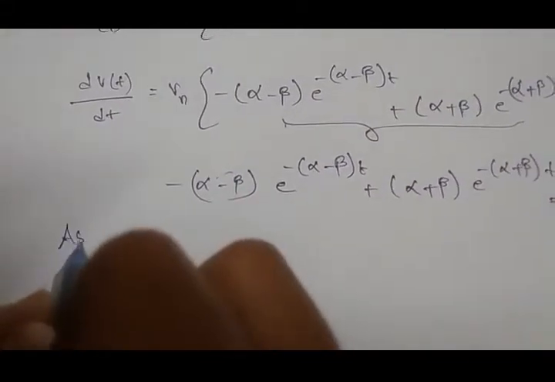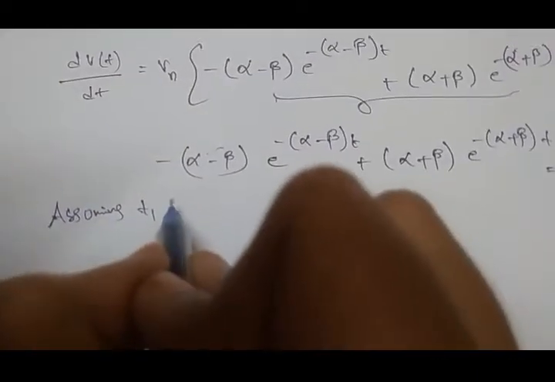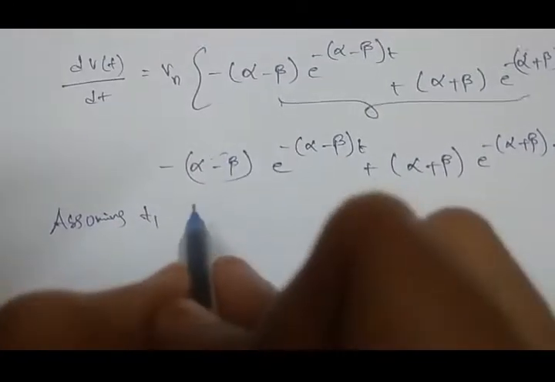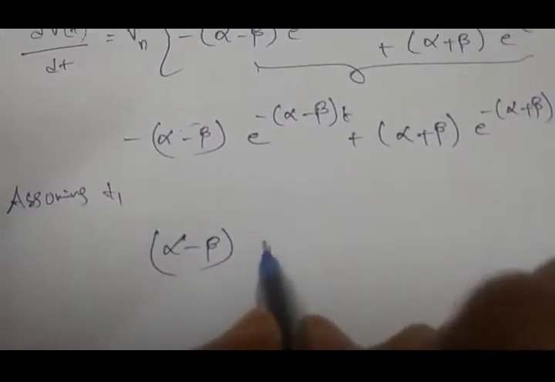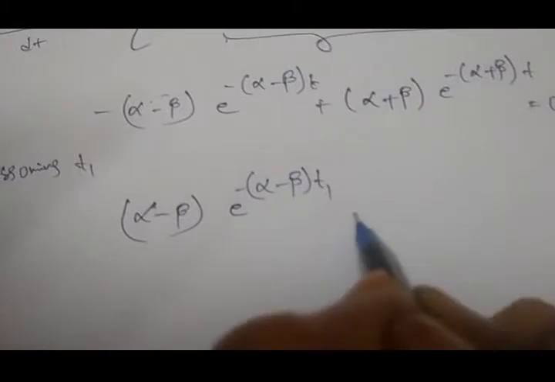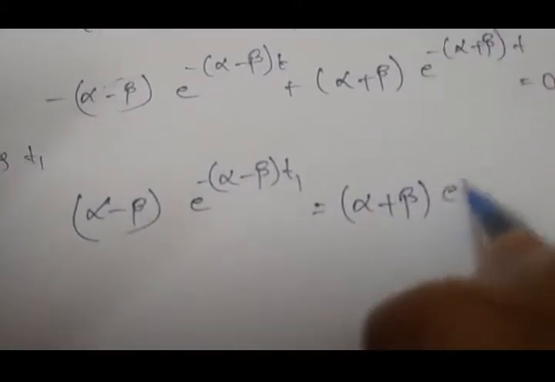Okay, so I am assuming here T1 is the time to reach your maximum value. T1 is the time here. So alpha minus beta e power minus alpha minus beta T1 equals alpha plus beta e power minus alpha plus beta T1.